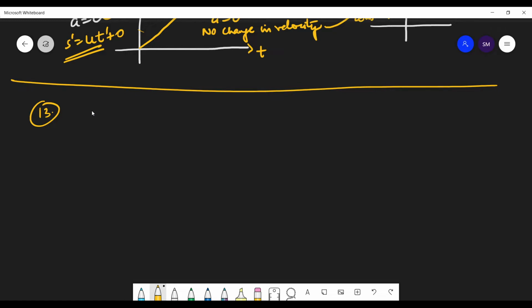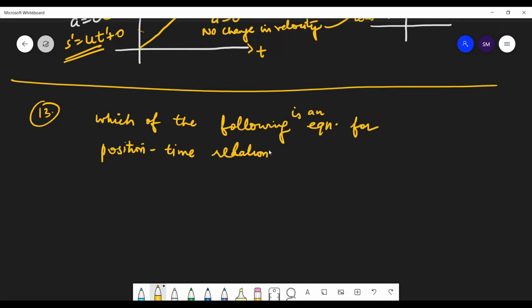Which of the following is an equation for the position time relation? Which of the following is an equation for position time relation?